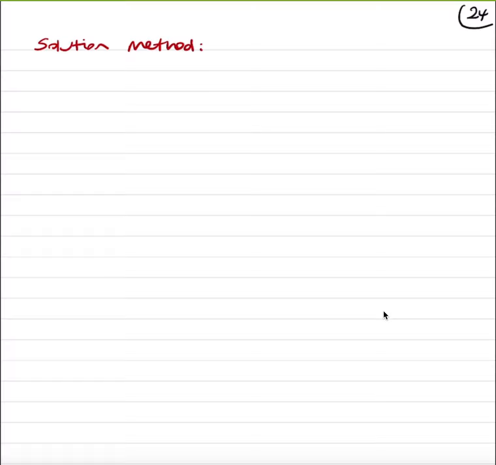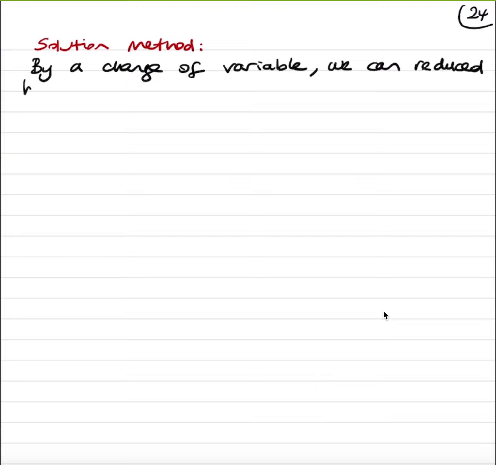So we will use a change of variables. By a change of variables, we can reduce homogeneous differential equations to something we know, something very easy: separable differential equations.